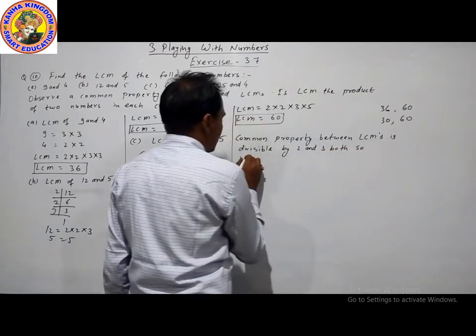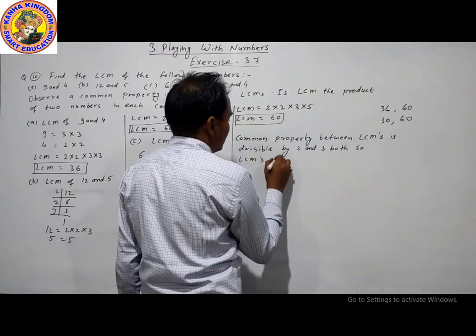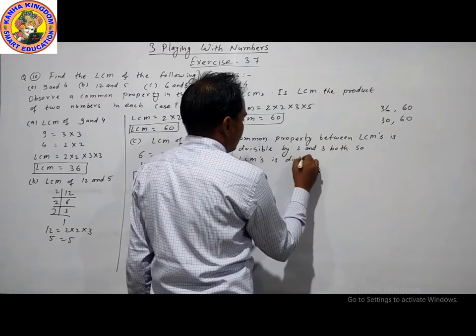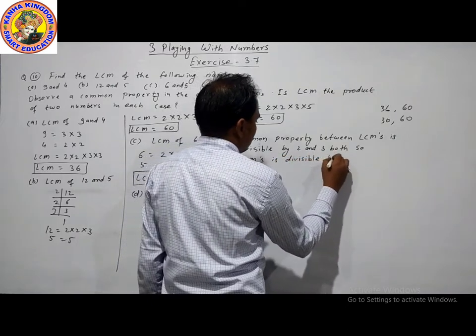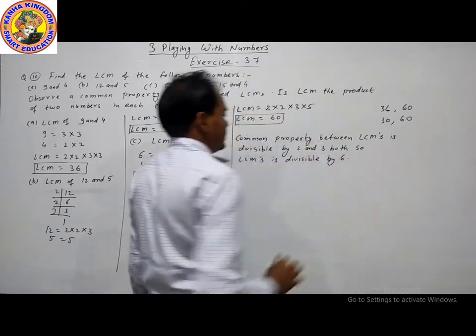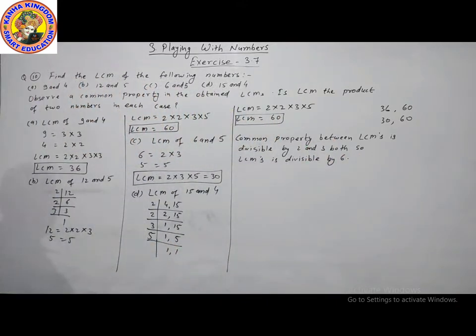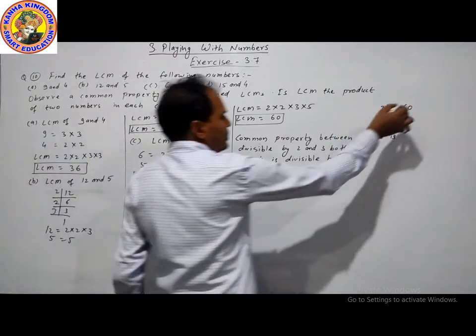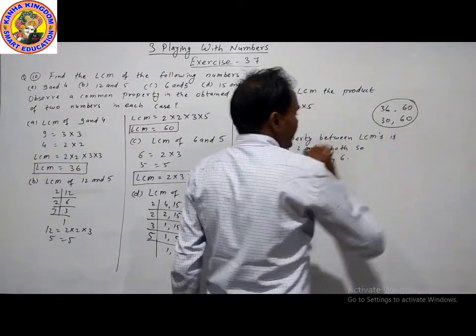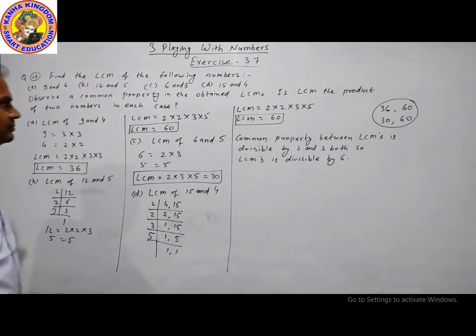So LCM is divisible by 6. This is the common property. The LCMs are divisible by 2, 3 and 6.